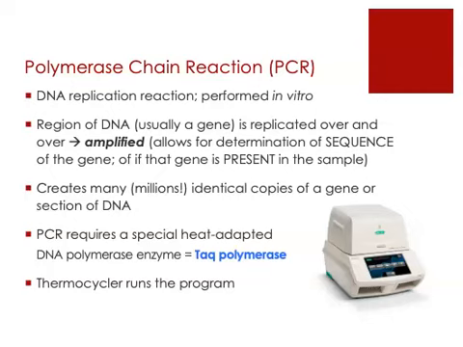We describe this as amplifying the DNA. And the reason you would want to amplify a gene, make many, many copies of it, is because when we have many copies of a gene, we can do some further investigation of that gene in the laboratory.